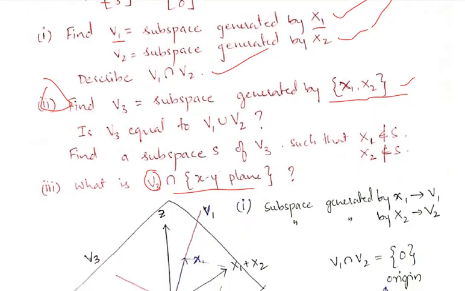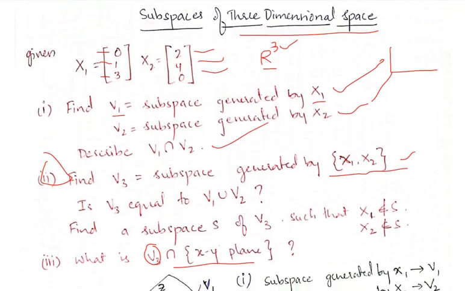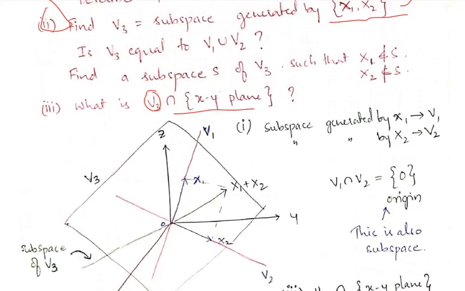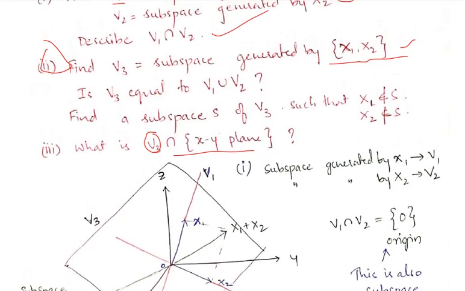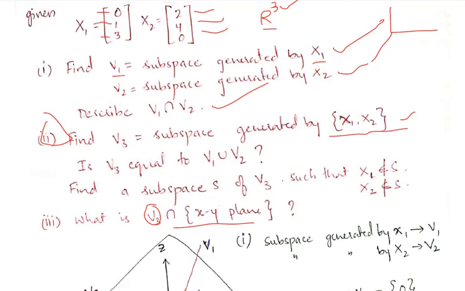We will try to draw the vectors first for the given column vectors x1 and x2. What are these vectors? This is x1, which is the point (0, 1, 3). 0 means the x component is 0, the y component is 1, and the z component is 3, meaning it is lying in the yz plane, so x is not included in this.